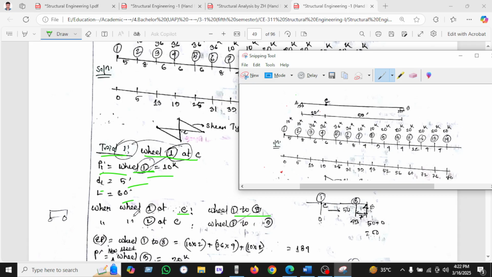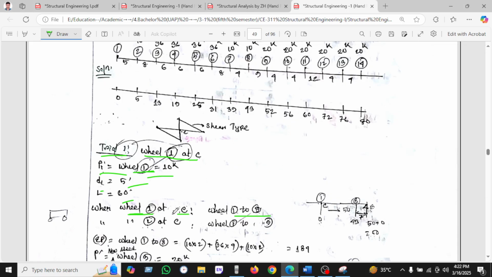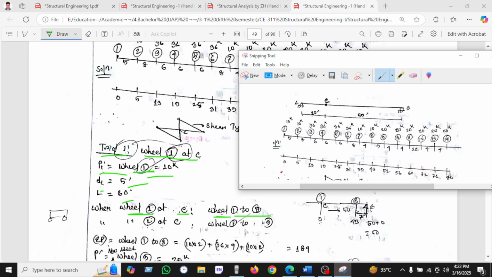Okay, this is wheel 1. So wheel 1 at C, then how many wheels can be placed within 15 feet? This is the wheel 1 I will take here. So for wheel 1 to 2, we know we have 15 feet. So we can go to the 15 feet from here to here.